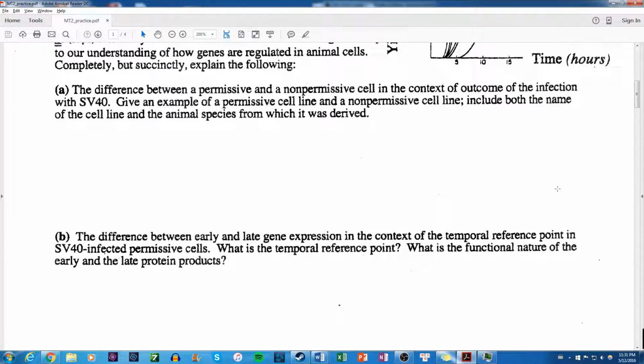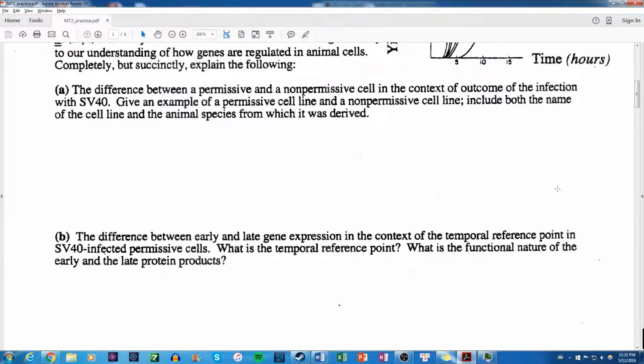So the thing is, viruses have to regulate what genes to express and when. There are two ways that they control it, and they use both. When we say temporal reference point, that's usually in the context of the timing, at what stage of the infection the virus is in.